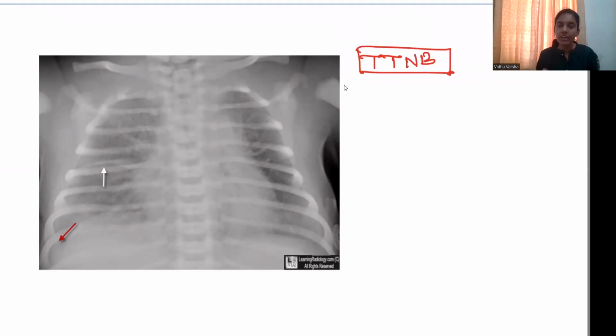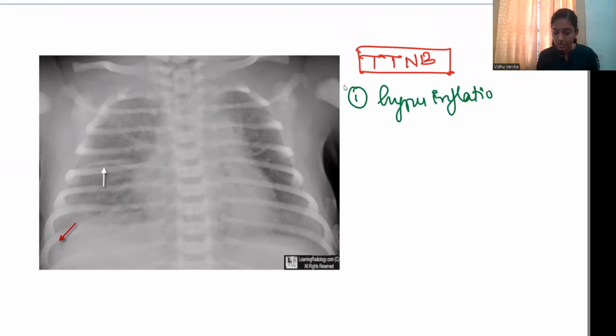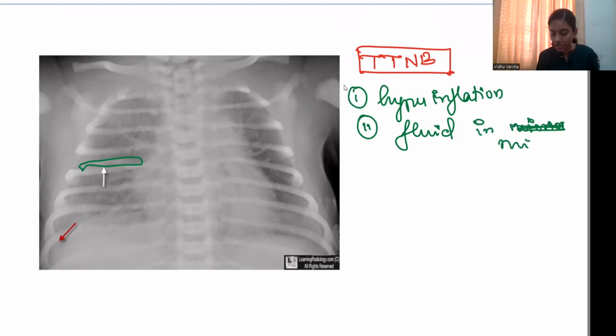So the main four findings here will be, first one is your hyperinflation. Second one, there will be fluid in your minor fissure.